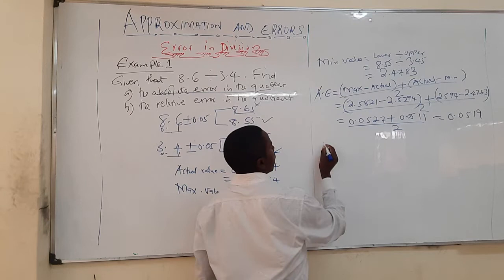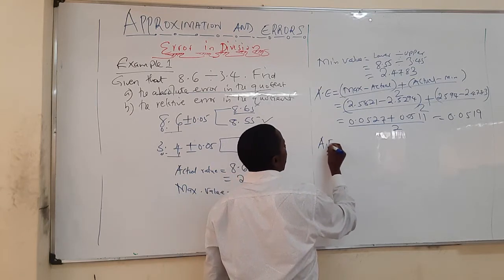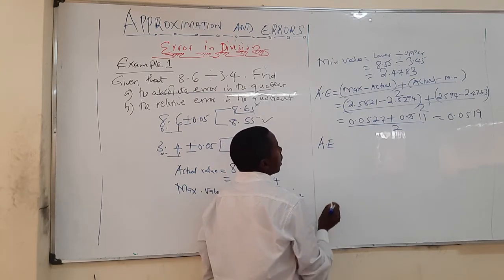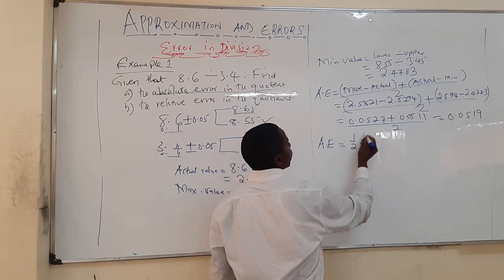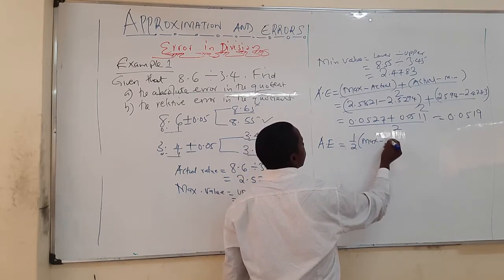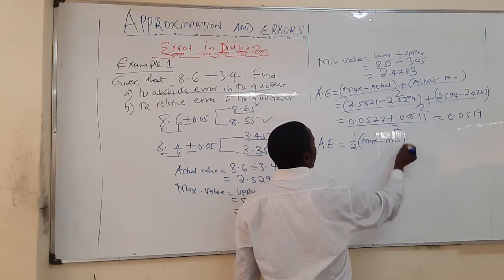Alternatively, just like we had for the multiplication, the absolute error can also be given by half of the maximum value minus the minimum value.